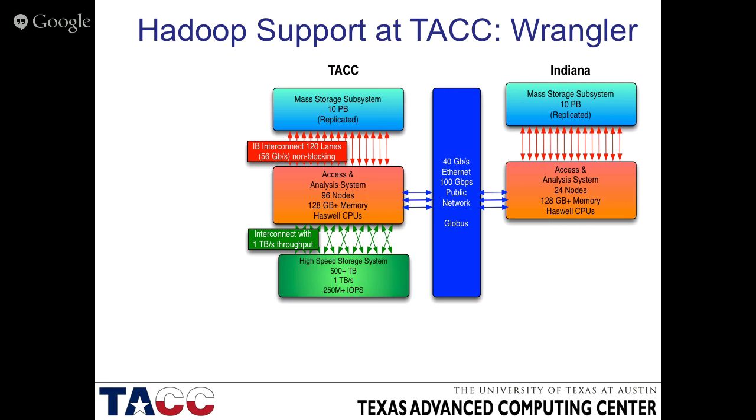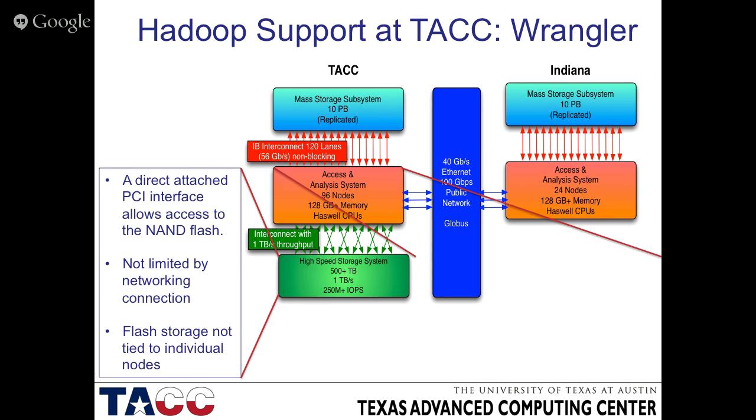But Wrangler is also different from your traditional HPC in that the storage system is not a typical spinning disk-based system, but a very high performance flash-based system. The flash-based system in this graph is shown as this little green box here.